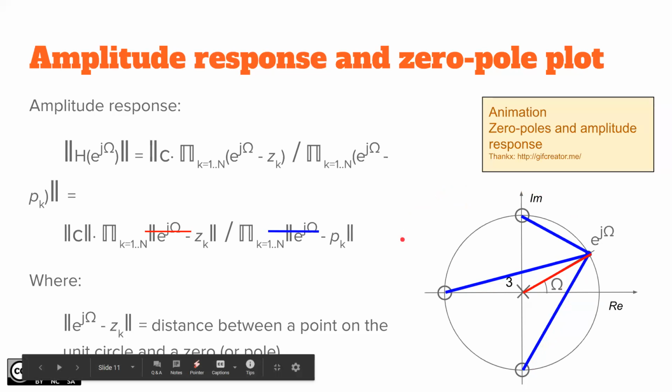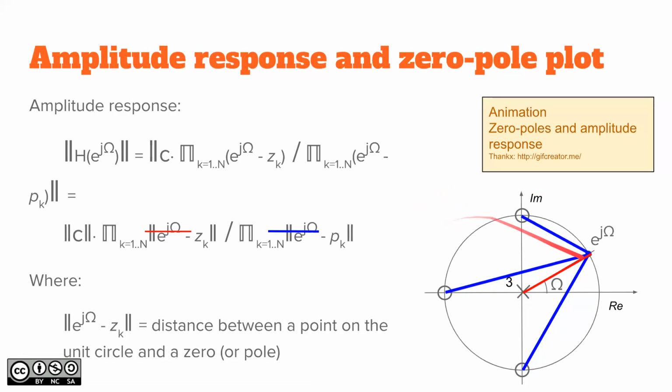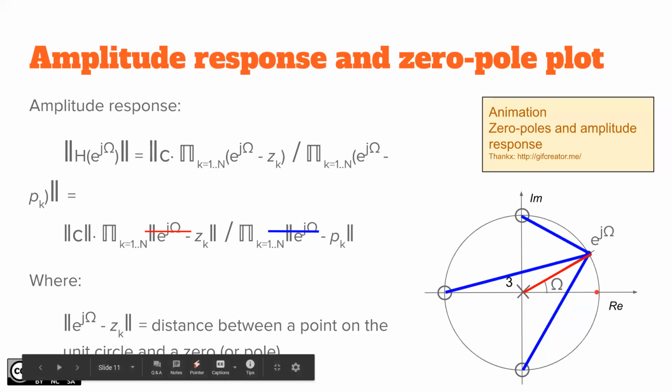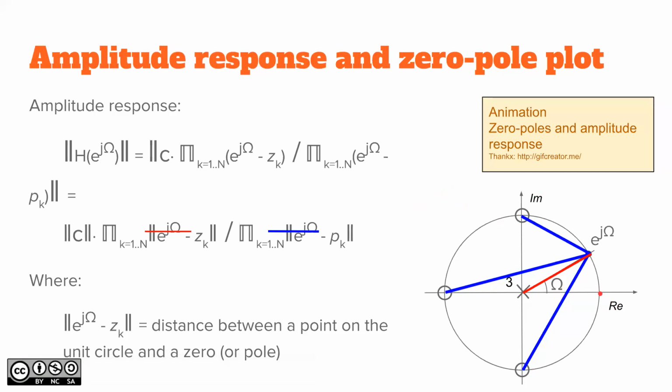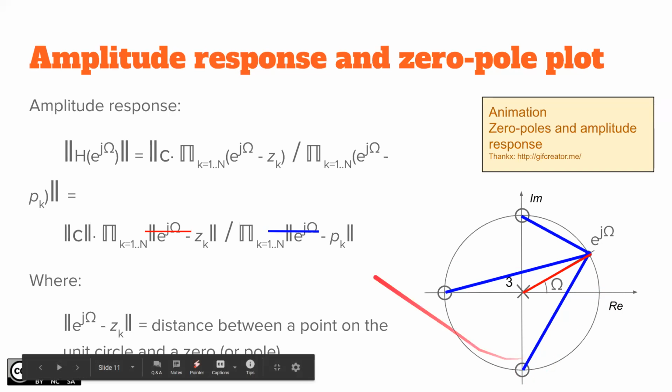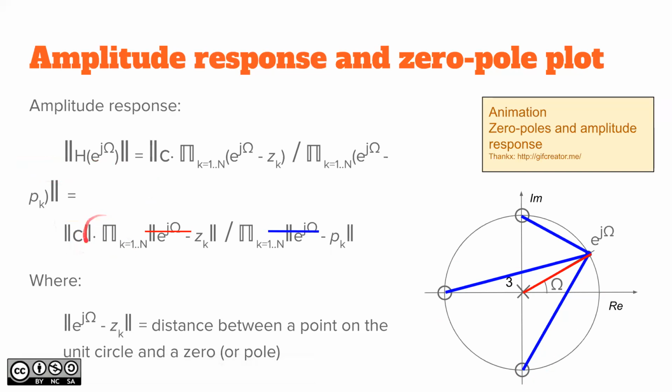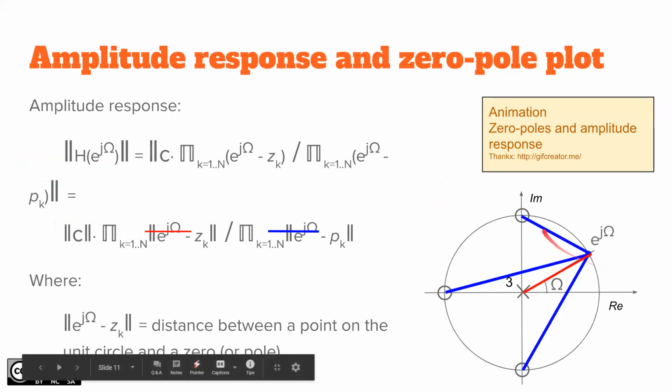And actually it ends up at the faraway point, which is right here. That would be where the system gives unity gain. So we have this distance times that distance times that distance, and then we have this multiplier here that will actually give exactly the unity gain at that point.